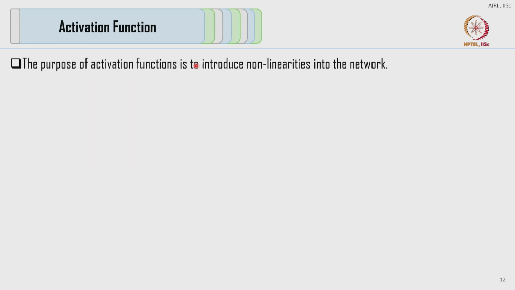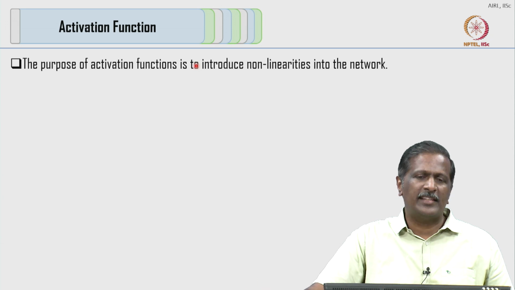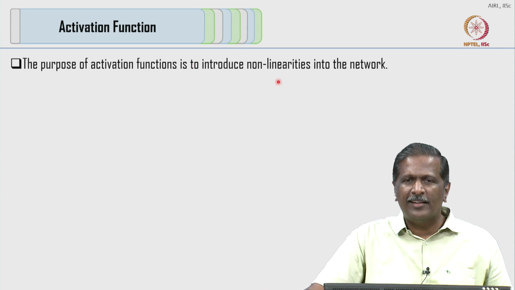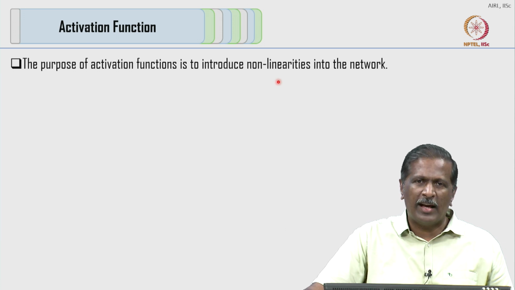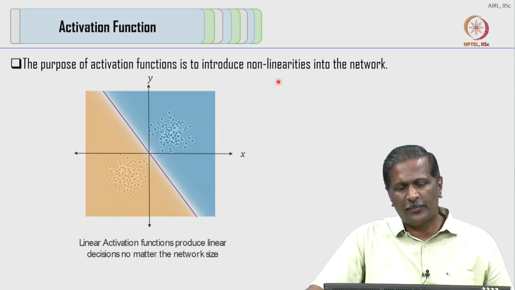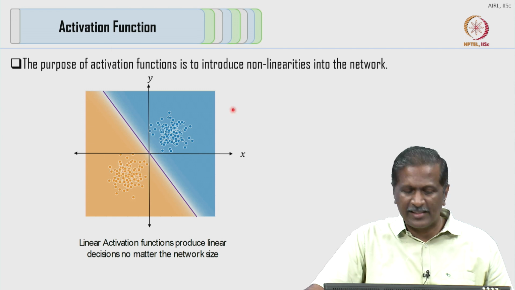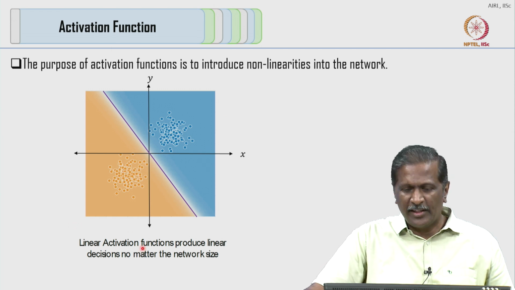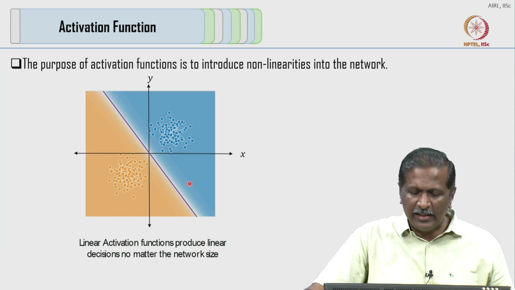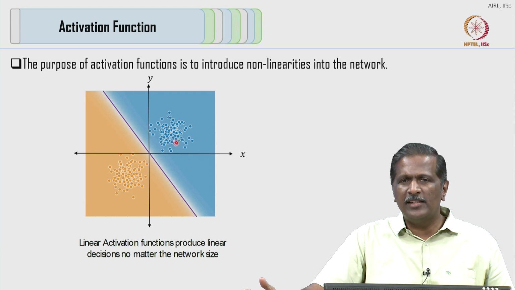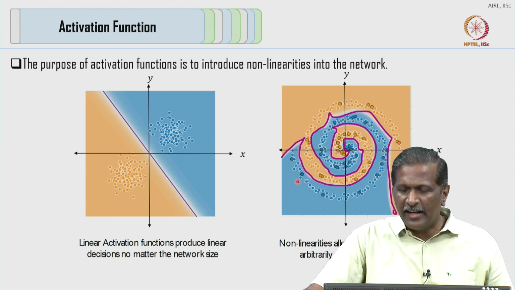Now, why do we need this activation function? The activation function is introduced in the model to have nonlinearity in the network. This is a linear activation function in the previous example. Here I can have a simple line to separate, the data are very well separated, and it is much easier to find the line. What if the data is like this?